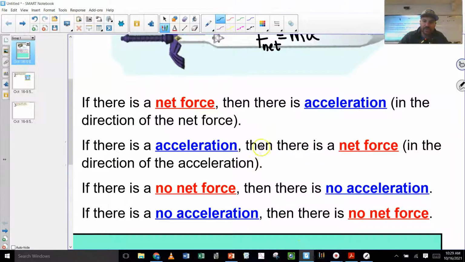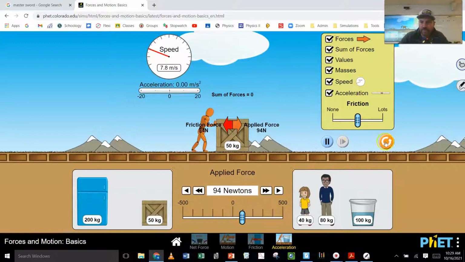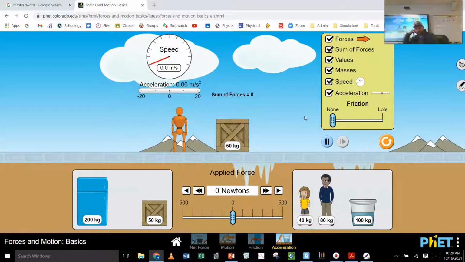Let me show you how Newton's second law, the actual F equals ma, works in here. So we're going to reset this. I'm going to take away all the friction. No friction. Remember, the net force is all the forces.